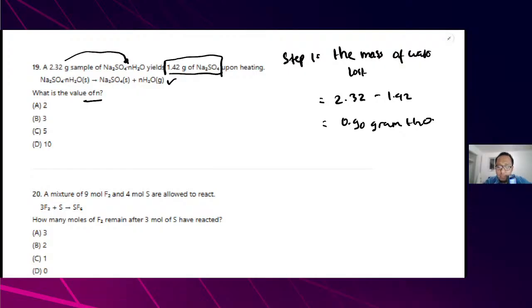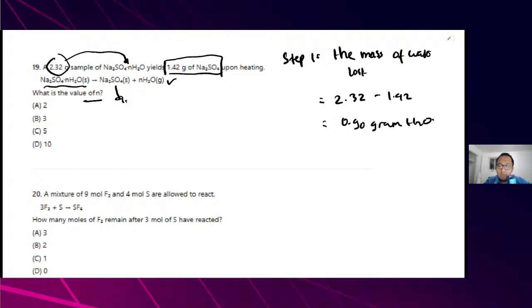Because as you can see, over here there is no other reactant, no other compound. There is no real reaction, it's just heating. So initially we have this, and at the end we eventually get this as the final product.